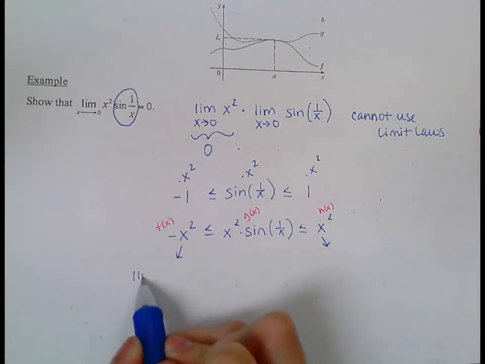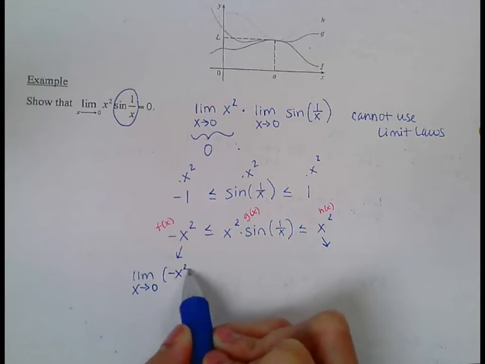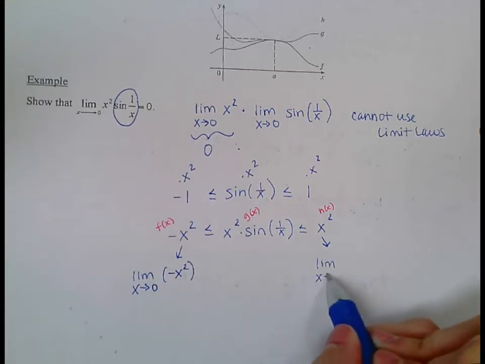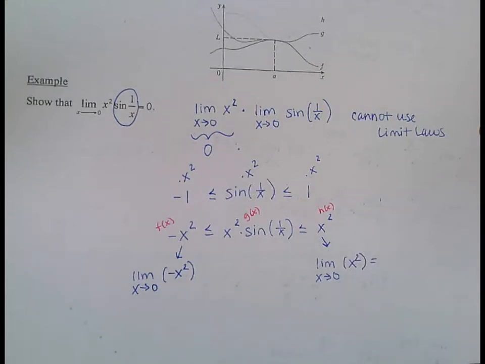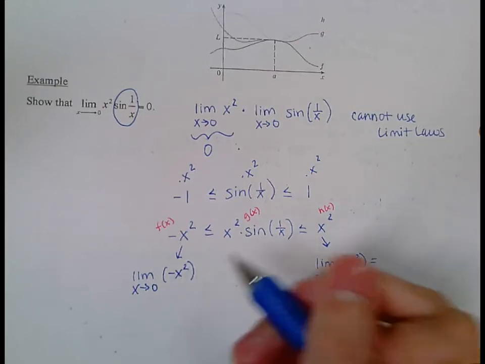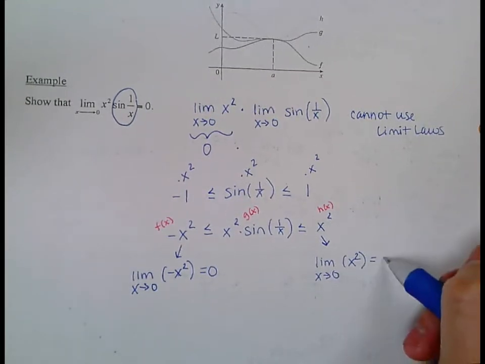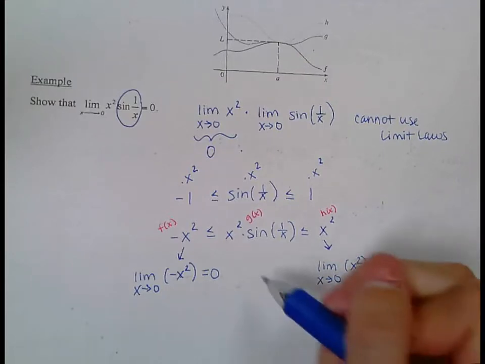So I would be finding the limit as x approaches 0 of negative x squared, and the limit as x approaches 0 of positive x squared. Now here I can use direct substitution. If I substitute 0 in for x, I have negative 0 squared, that's just 0. And here, 0 squared is just 0. So these both have the same limit of 0.